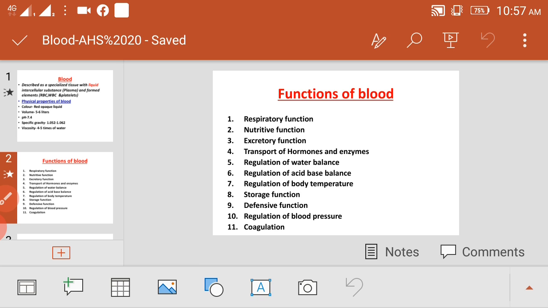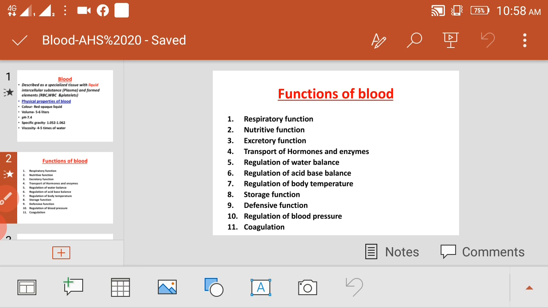This is a nutritive function. Mainly the exchange of nutrition to the tissue or the cells happens through blood. Excretory function: through the kidney the waste substances are excreted, mainly by filtering the blood.